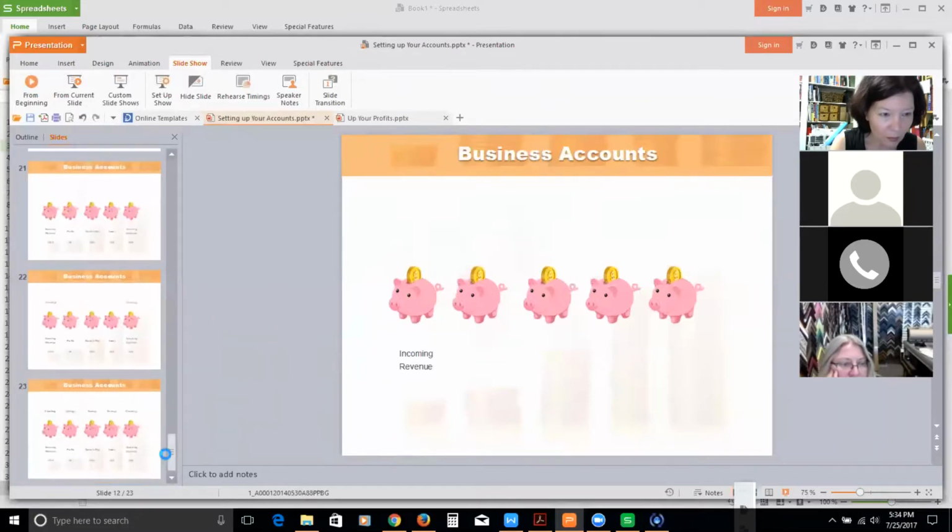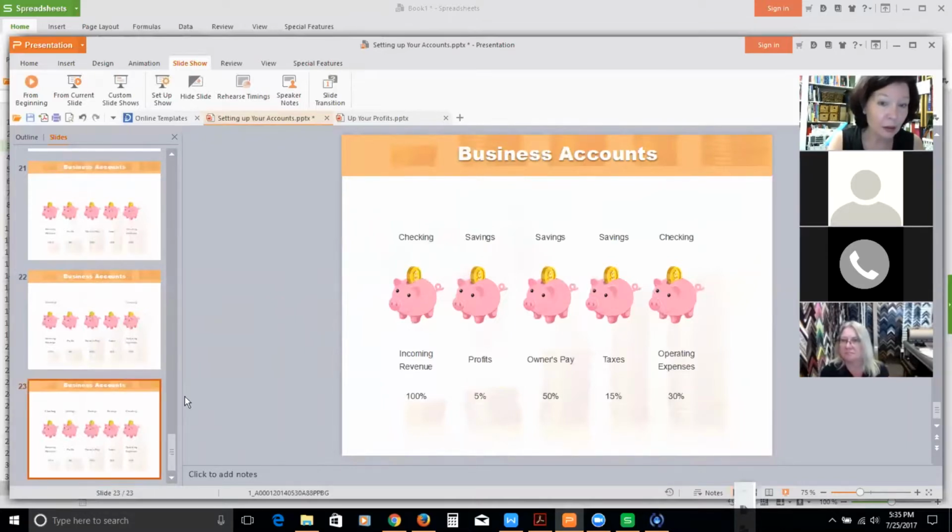Once you pay yourself, the rest of the income is to pay your expenses, right? So once you pay yourself, the rest of the business income, you mean? Yeah, let's say you're not doing a business and you're just having some income coming in for the month.